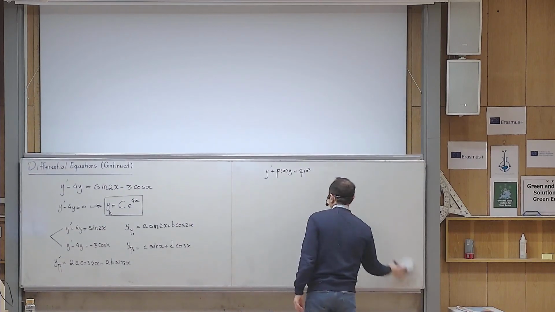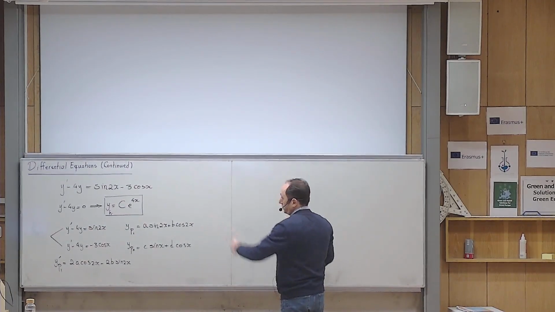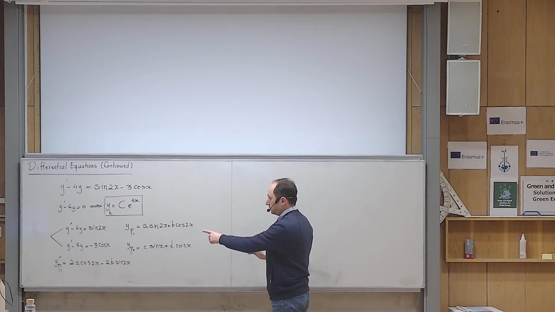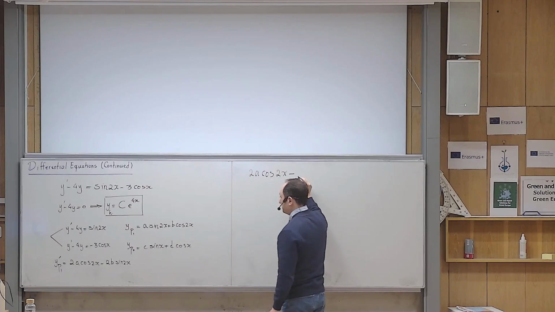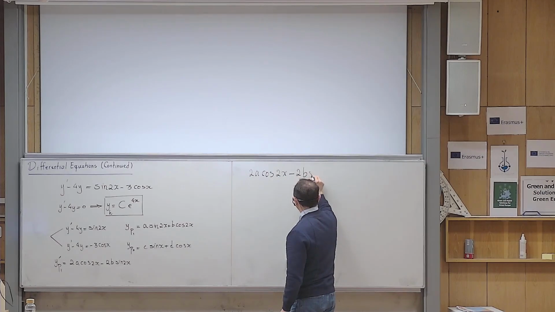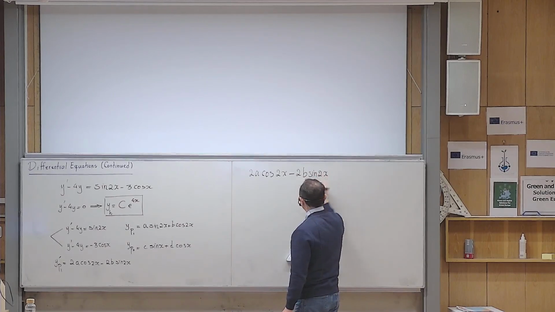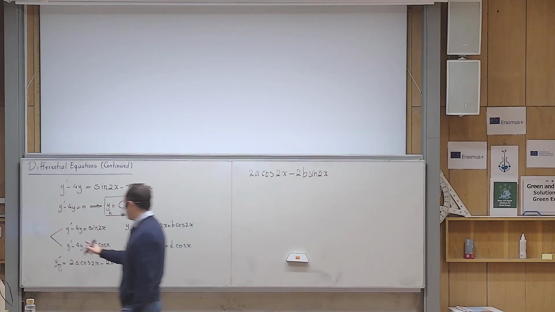So y prime is that expression: 2a cosine 2x minus 2b sine 2x. This one is for y prime.